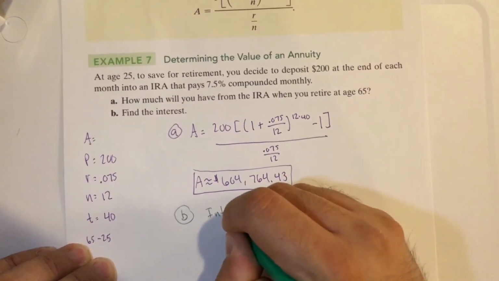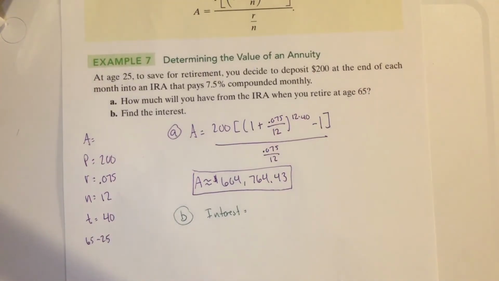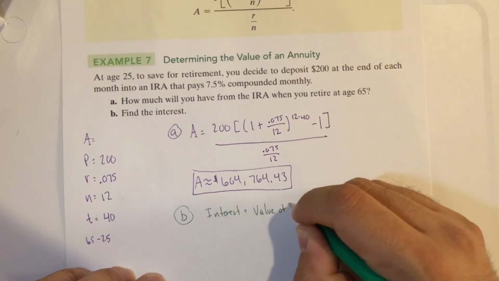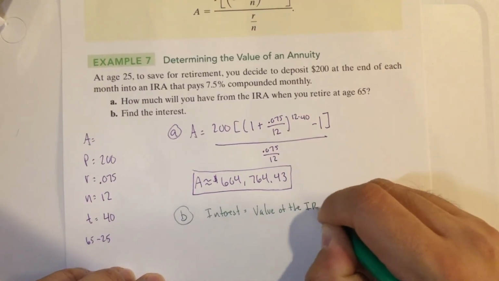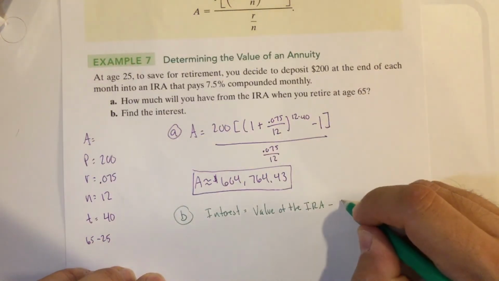So your interest is going to equal the value of the IRA minus the total deposits.